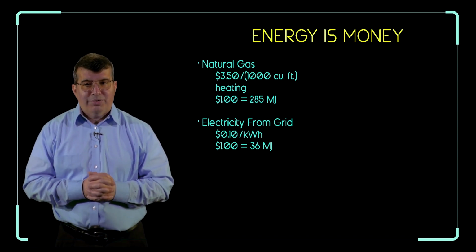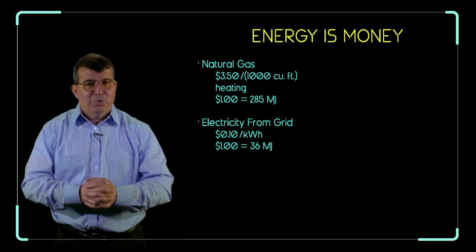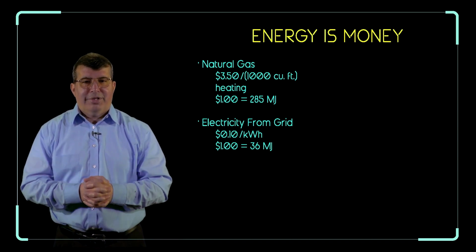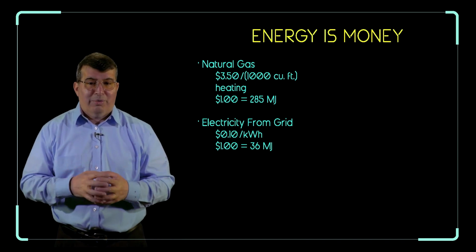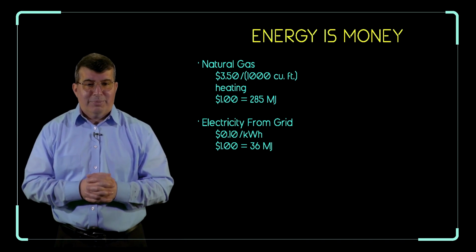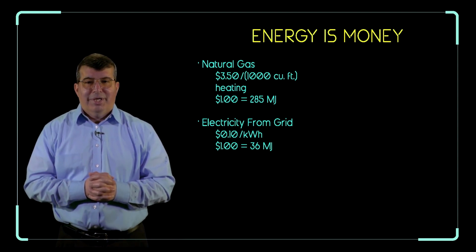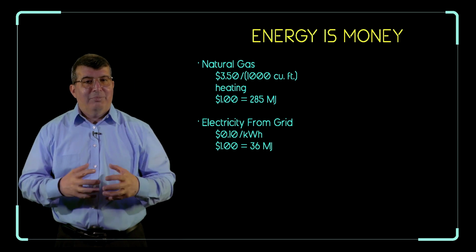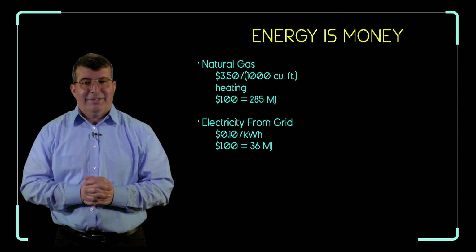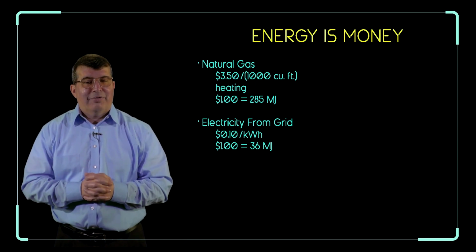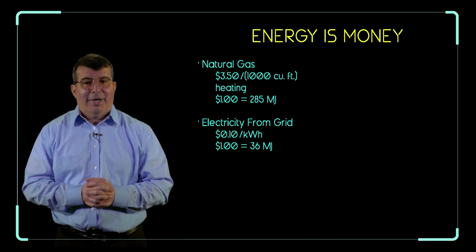So the 285 million joules of chemical energy that they get in the form of gas can only generate a much smaller number of million joules of electricity. They can give me less electrical energy than the amount of chemical energy that they buy.